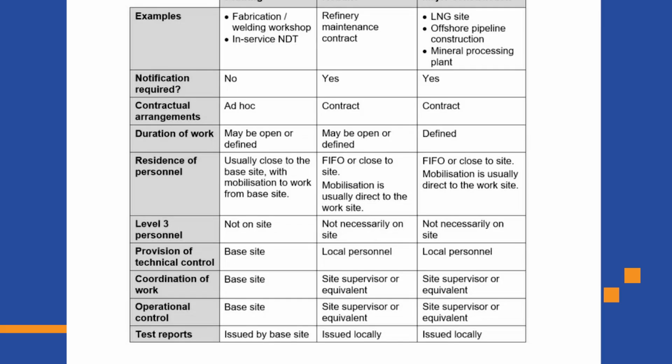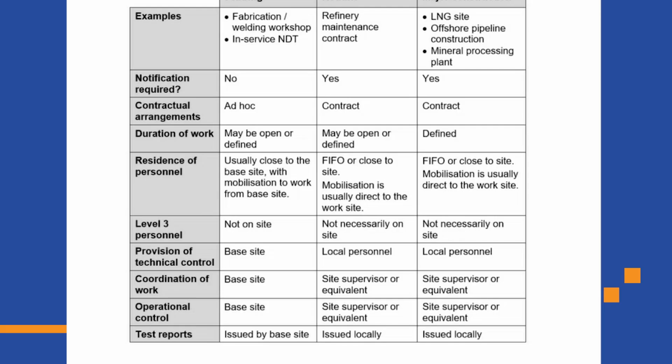The technical control stays within the base site, and normally also the equipment is at the base site and then gets taken from there to the client site. Jobbing work does not require specific notification to NATA, as it is recognized that it's basically routine day-to-day business for most NDT facilities.